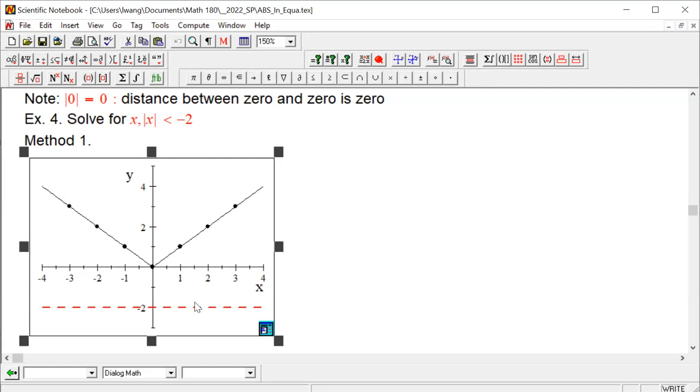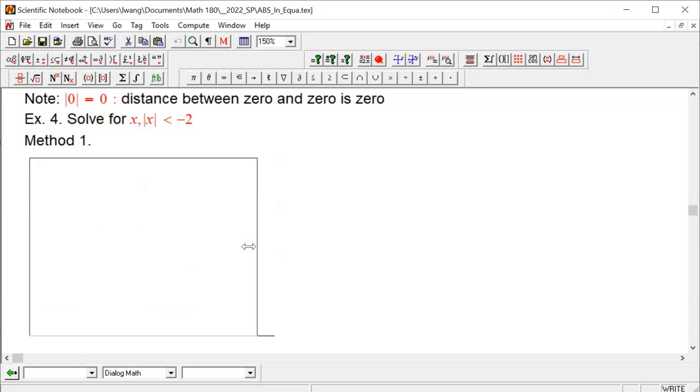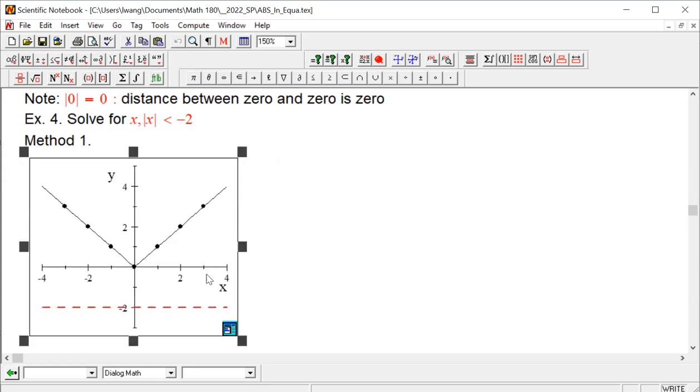This is the absolute value. We want the absolute value to be less than -2. You can see this horizontal line does not touch the curve.